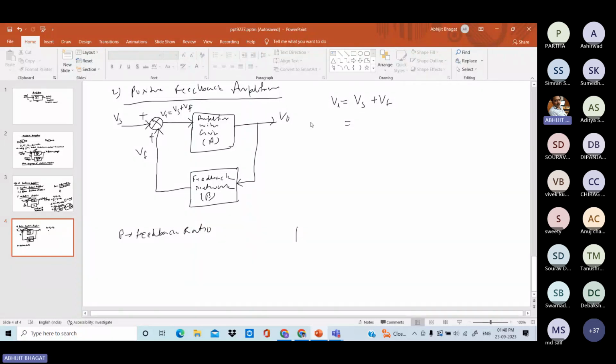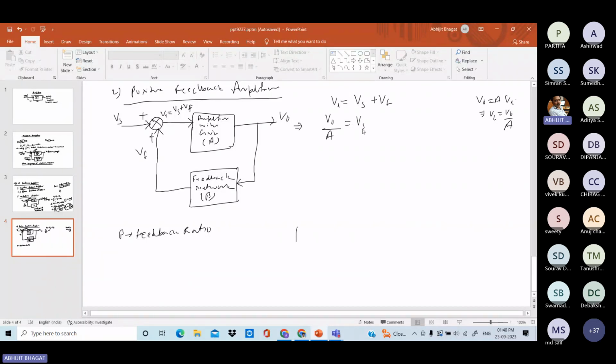So here, follow, V0 equal to A into Vi. So Vi equal to V0 by A. So your Vi equal to V0 by A.